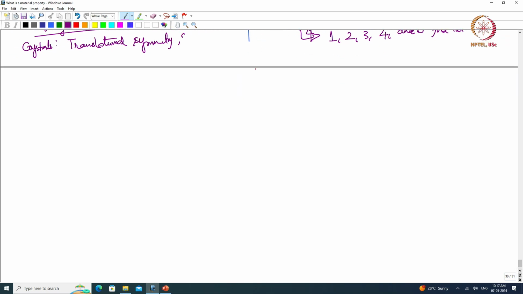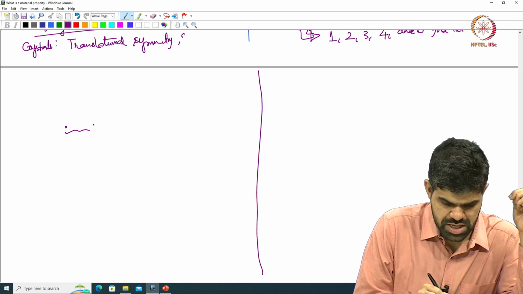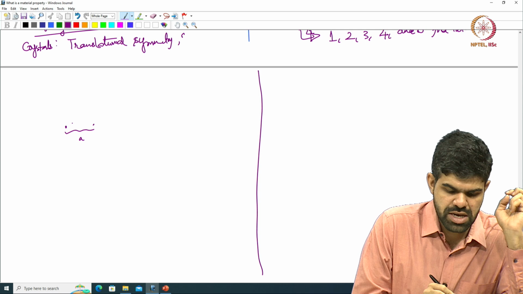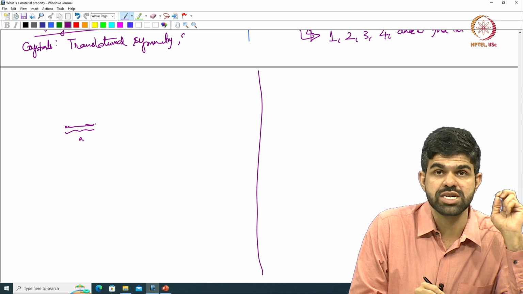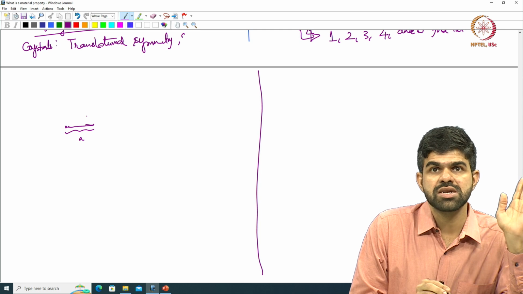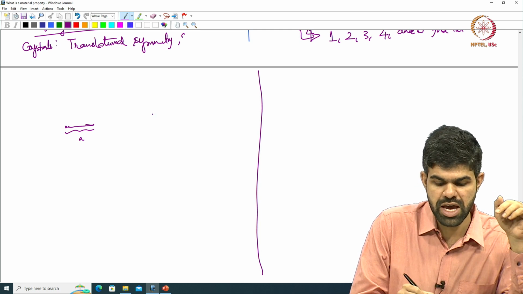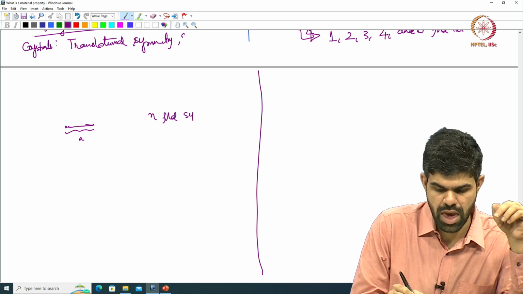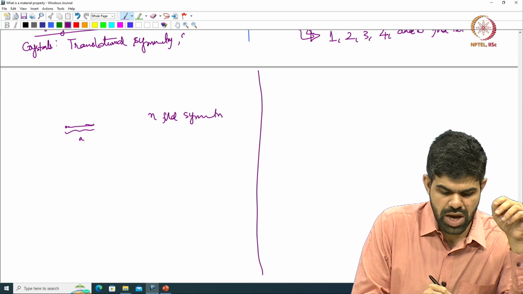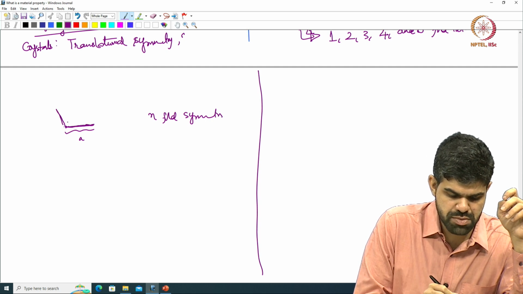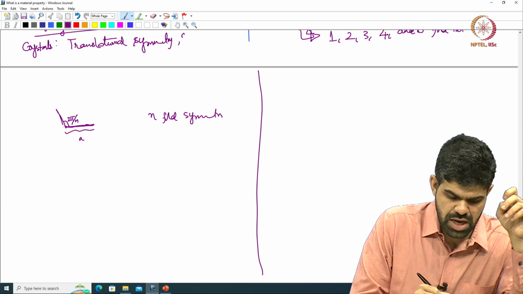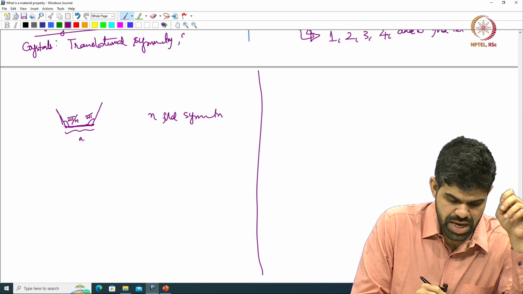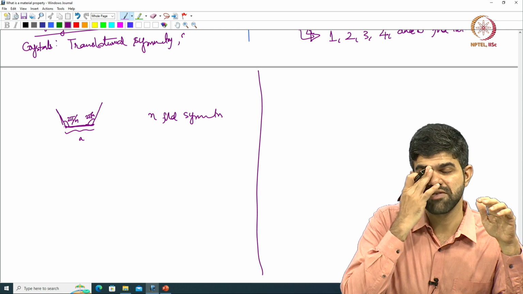So the way to prove it is, I have 2 points which have a separation of a, right. So this is a lattice translation vector. Now if I say that this crystal has an n fold symmetry, I take this vector and I can rotate it by 2 pi by n in this fashion, and I can also rotate it by 2 pi by n in the other fashion, right.